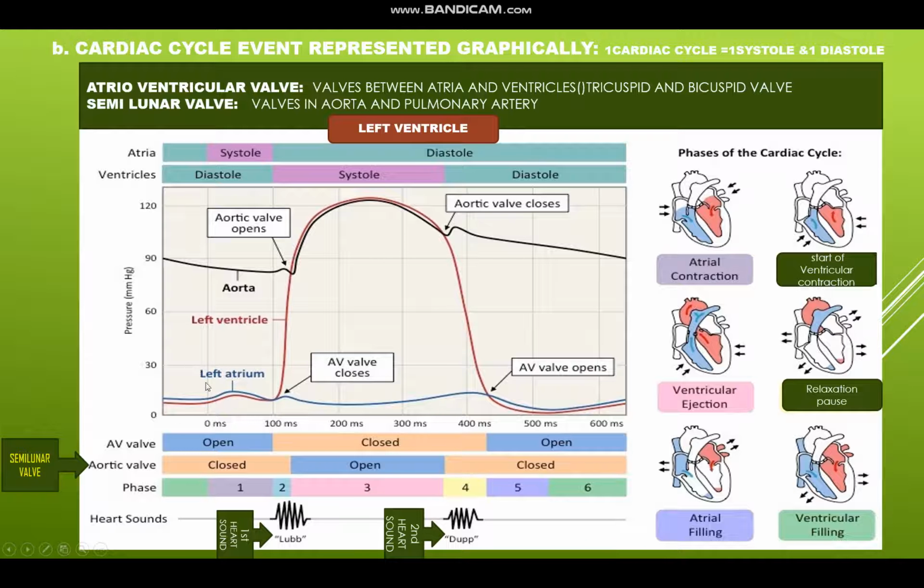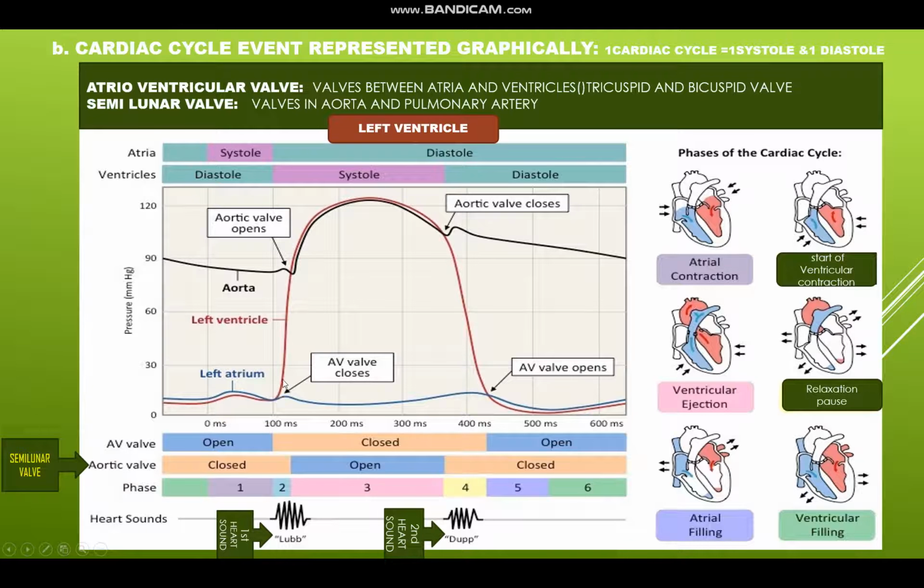First of all, when the left atrium fills with blood, it pours its contents into the left ventricle. Once it is entering into the left ventricle, the atrioventricular valve on the left side of the heart, that is the bicuspid or the mitral valve, opens. It allows the blood to enter into the left ventricle.